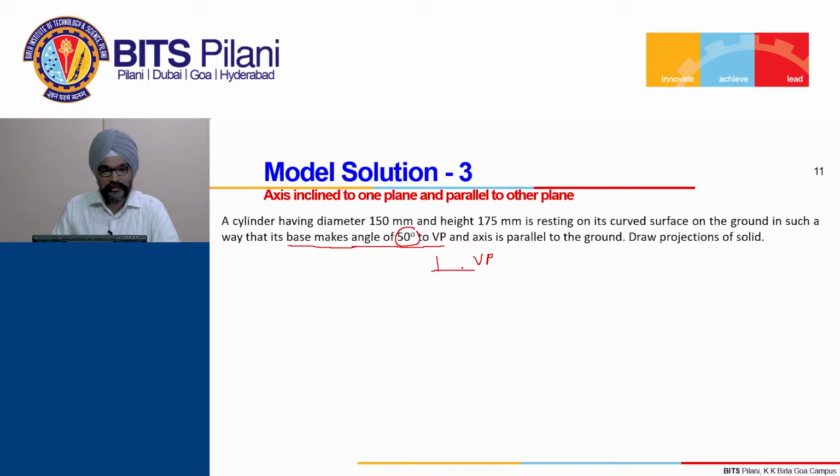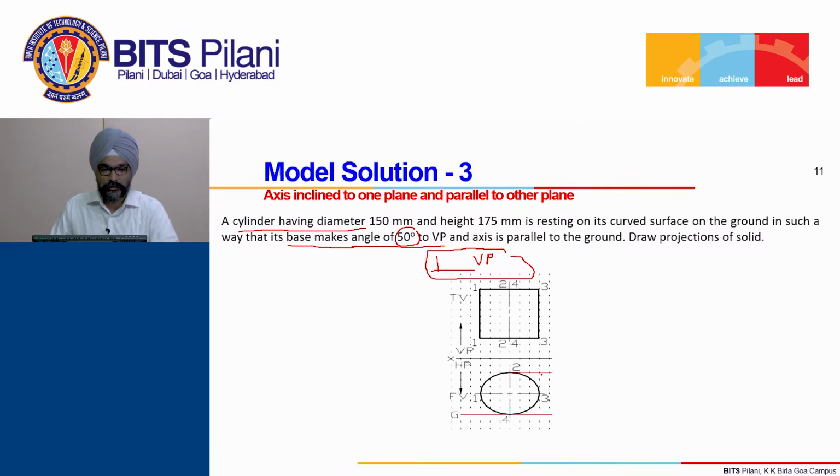If the axis is inclined to VP, then it has to be taken as perpendicular to VP, and if it is perpendicular to VP in the initial position, you will see the true shape in the front view. The true shape of the base is the circle, because it is a cylinder, and that is to be drawn in the front view.